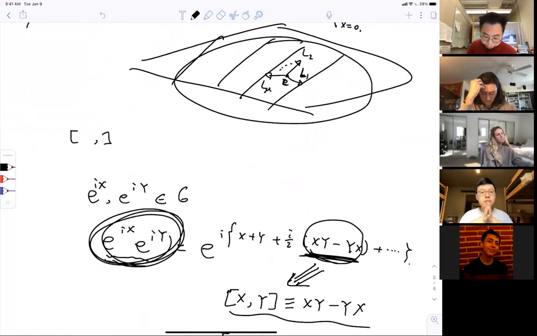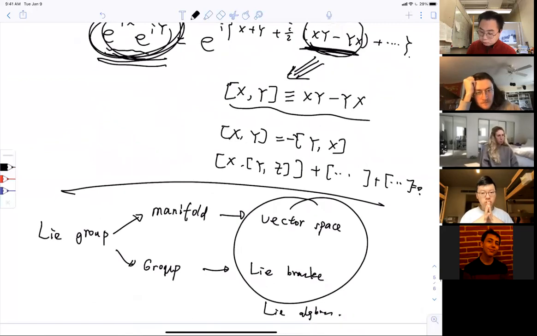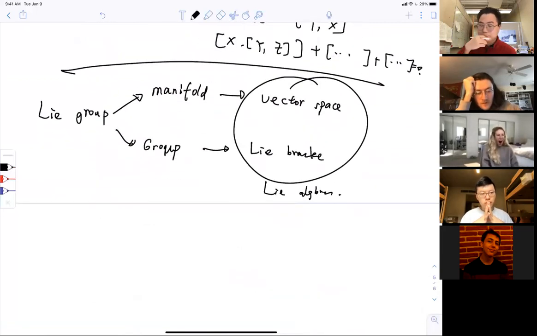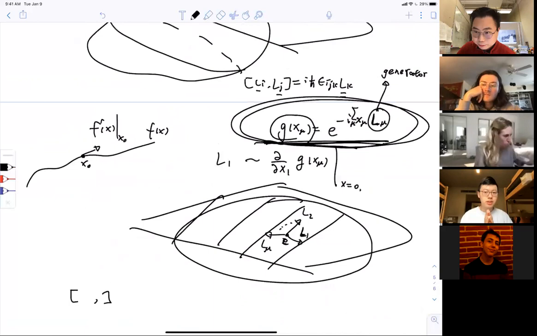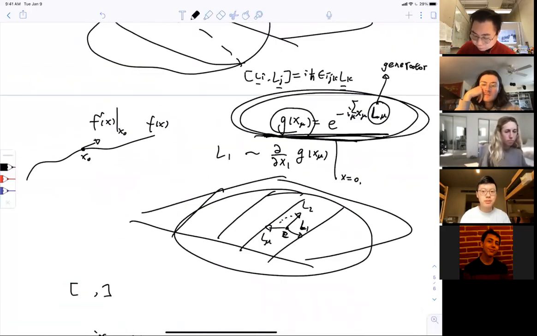Combined with a group structure, which will give us a Lie bracket, the tangent plane becomes a Lie algebra. So the vector space of the Lie algebra and the manifold of the Lie group are linked by this known relationship.